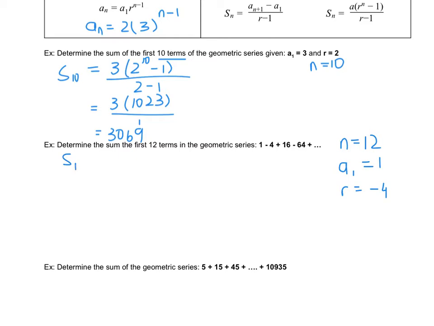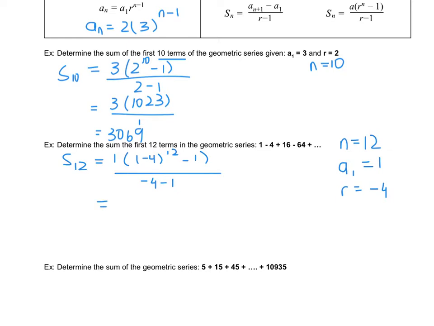So now the sum of 12 terms is our a1 is 1, our ratio is negative 4, make sure you put it in brackets, to the power of n, which is 12, subtract 1, all over the ratio, subtract 1.